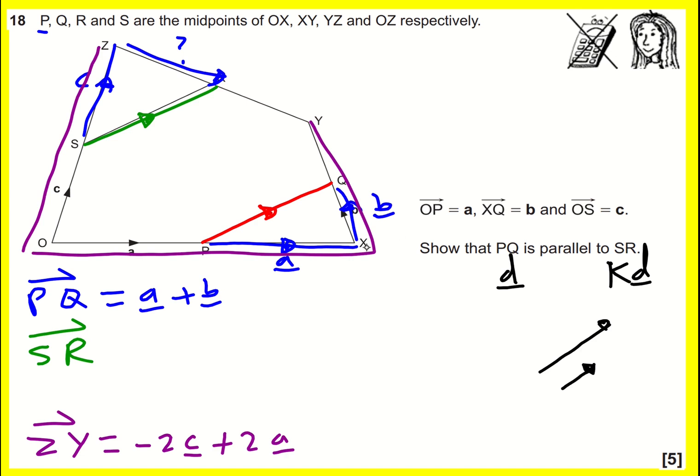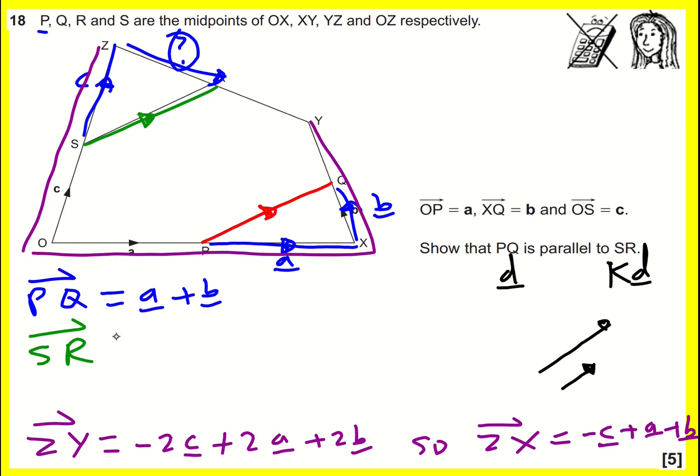And then I'm going to add 2b. And that will get me from Z to Y. So Z to X is going to be half of that, and I can just halve each term. It's going to be minus c plus a plus b. Brilliant. I figured out what that one there is.